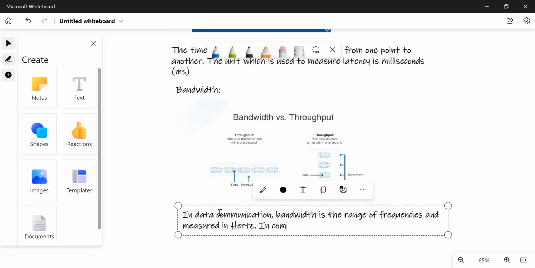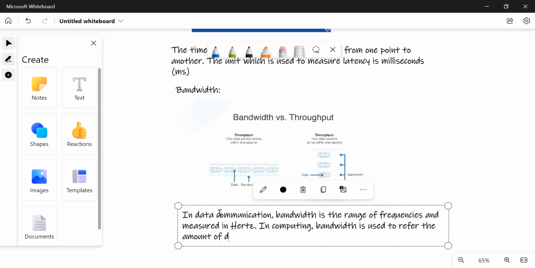So in computing, we can say the same thing. Bandwidth is used to refer to the amount of data transfer across a given path. Now you know that if you can have a higher range of frequencies, then we can say we have a higher bandwidth. In data, we say the amount of data you can transmit is very high.